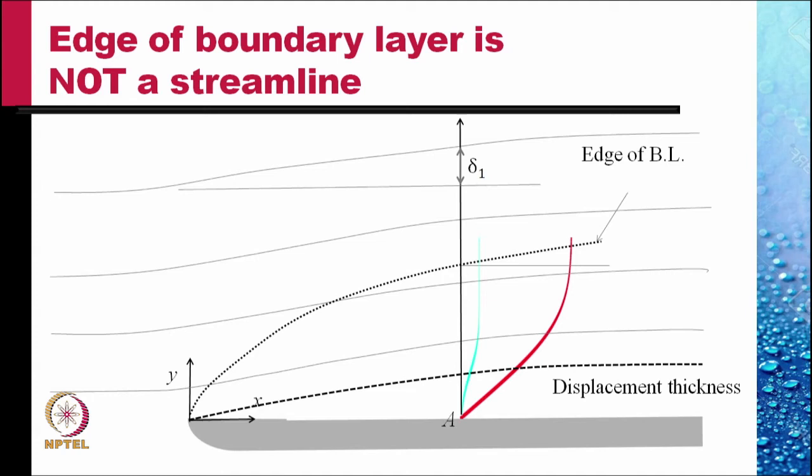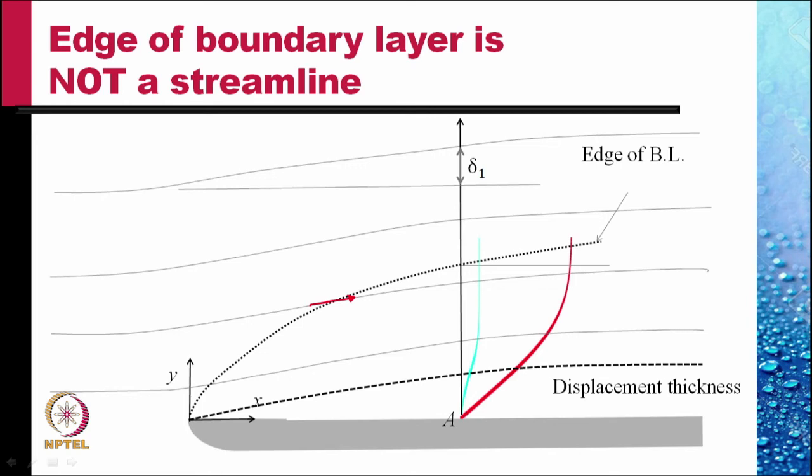Notice here that the edge of boundary layer is not a streamline. The streamlines of the flow enter the boundary layer as we go down the plate in the x direction, like shown here. This does not indicate that the V is negative. V is still positive. This streamline is sloped upwards, confirming that V is indeed positive.